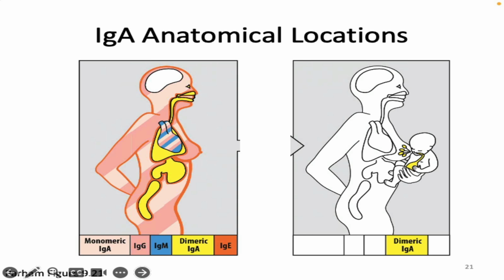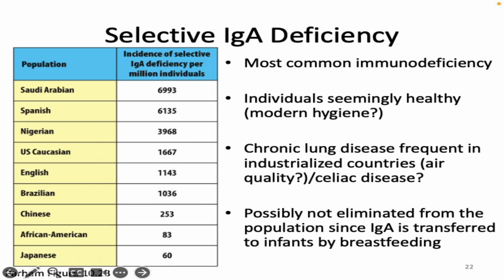Perhaps you're more susceptible to microbial infection. The most common immunodeficiency in humans is something called selective IgA deficiency. You can see numbers depicting frequency of selective IgA deficiency in this table from your textbook.